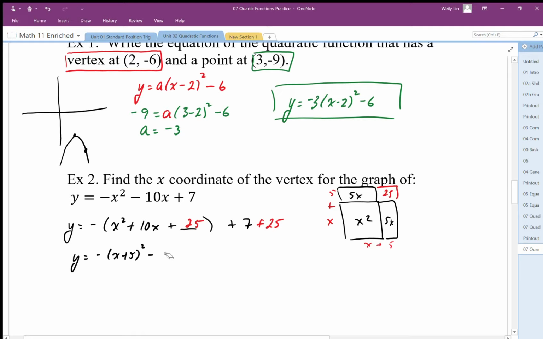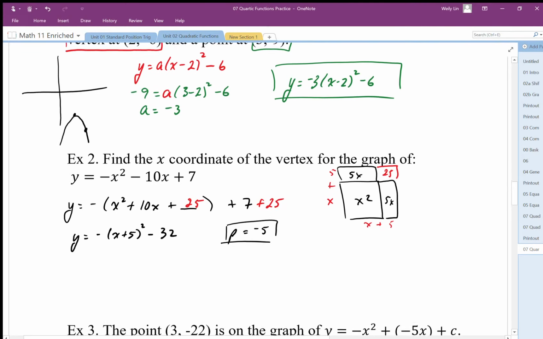Now this is going to give me the x and y coordinate of the vertex. In fact, at this point, we probably could predict where the x coordinate of the vertex is going to be. So we could say that p is equal to -5. That's what the question's asking for.